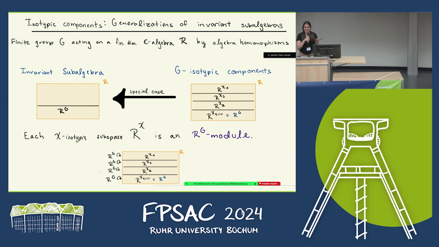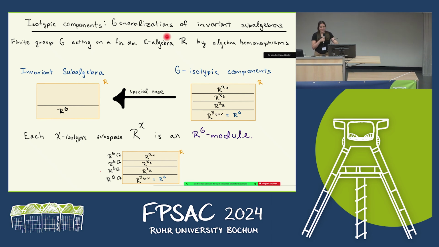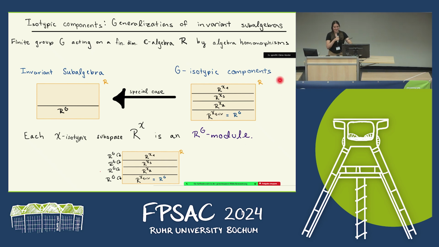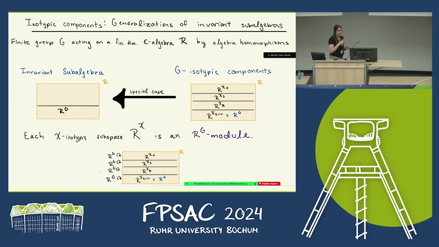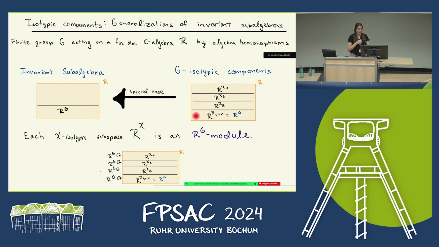So I'm going to think about this more visually. From now on, all of my algebras are going to be these rectangles. And when I decompose them into their isotypic components, I'm going to be drawing them as rows. And so you'll have one row for every irreducible character of your group. And note that this bottom row, when your character is the trivial character, is exactly the invariant subalgebra, which is why I say this is a special case.